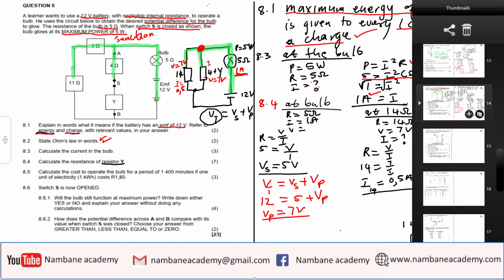It will save us time, because the question says now, calculate the cost to operate the bulb for a period of 1400 minutes if 1 unit of electricity is equal to 1 rand 80 cent.